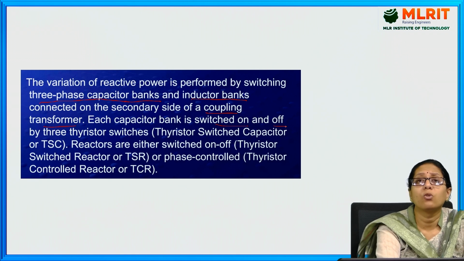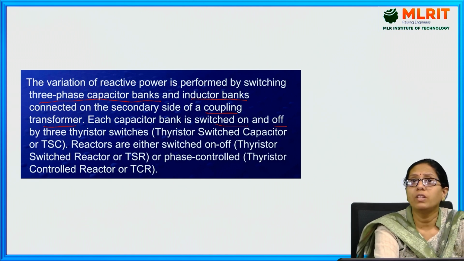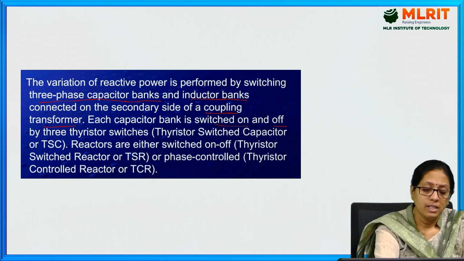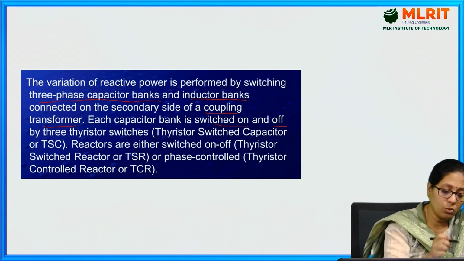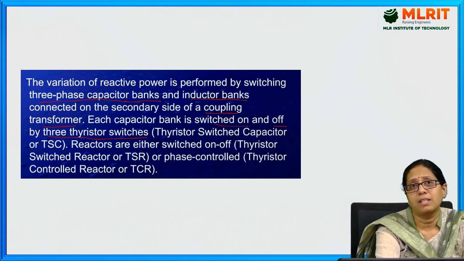That means the control is in our hand to switch the capacitor on or off, and this switching is done by three thyristor switches. That means we will be using thyristors in order to switch the capacitor banks on or off.